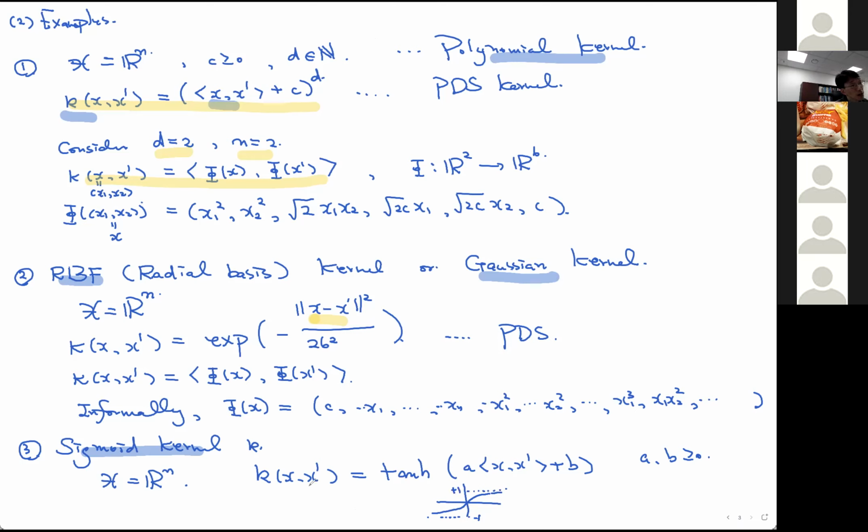So this K of x and x prime is obtained like this, and this also turned out to be a PDS kernel. And I heard it's closely related to the behavior of neural networks. Okay, so these are the examples, and later we will see a lot more examples. But let's move to the most important bit about kernels.